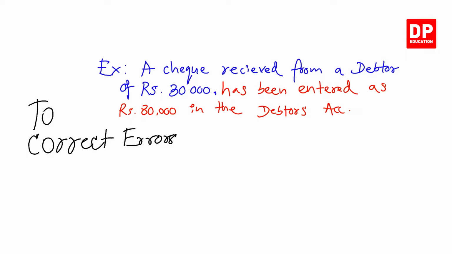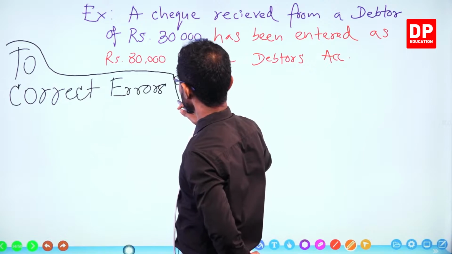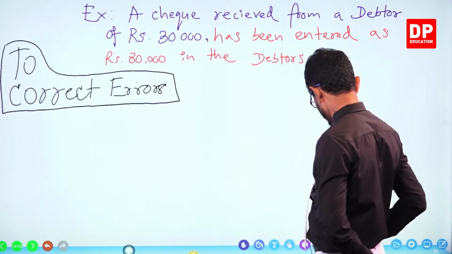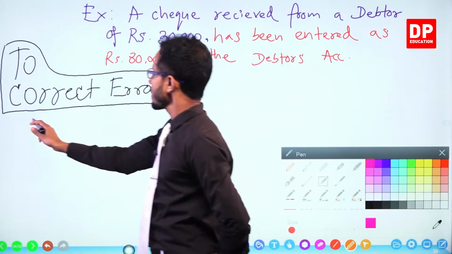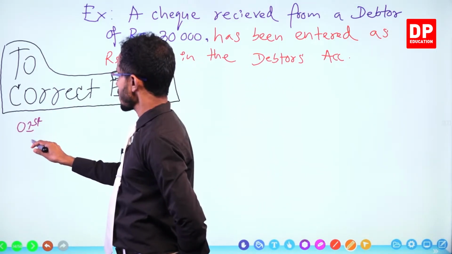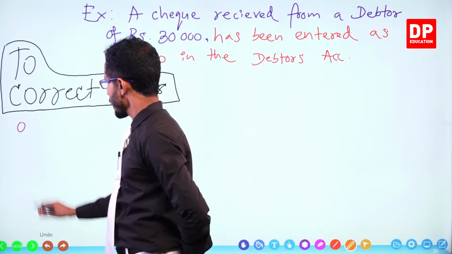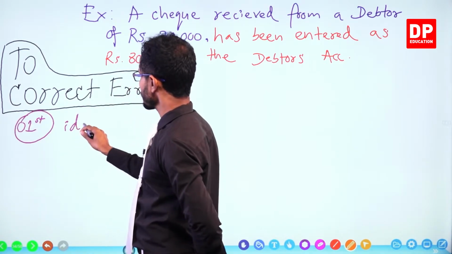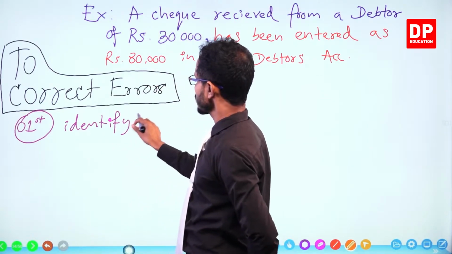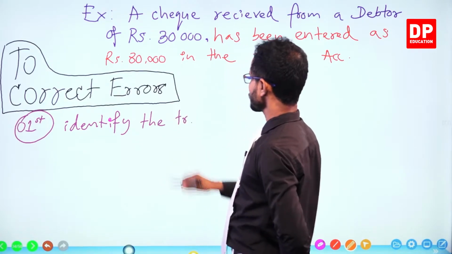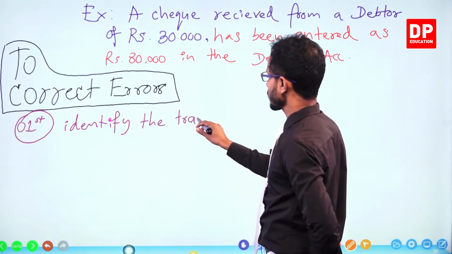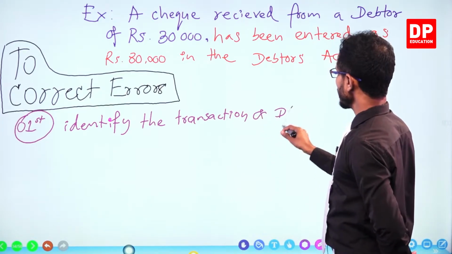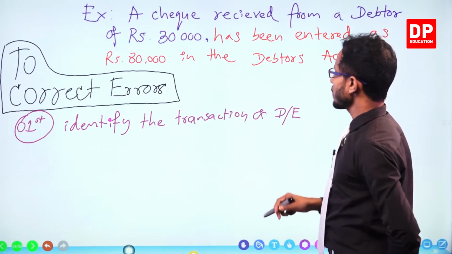First step: identify the transaction and double entry.